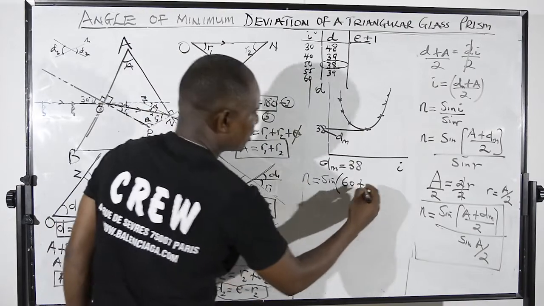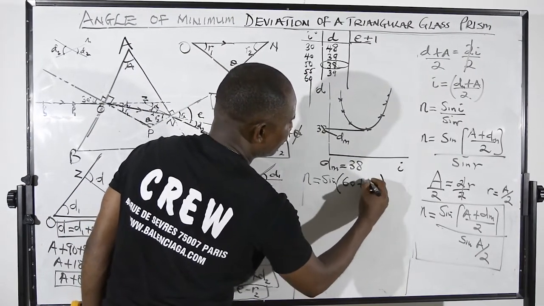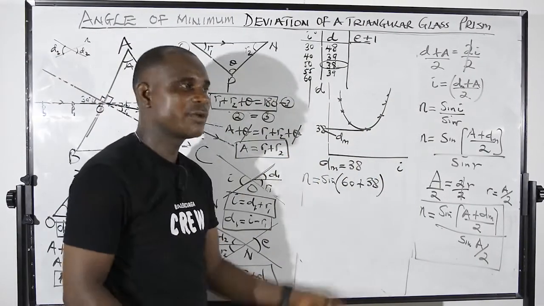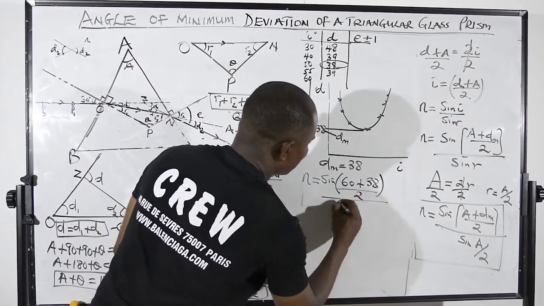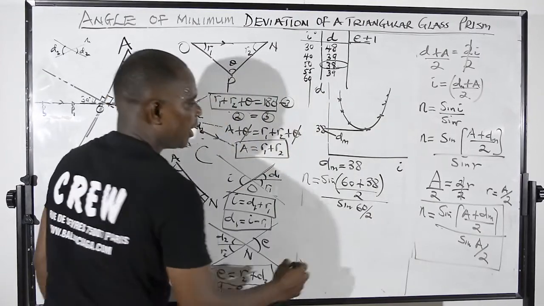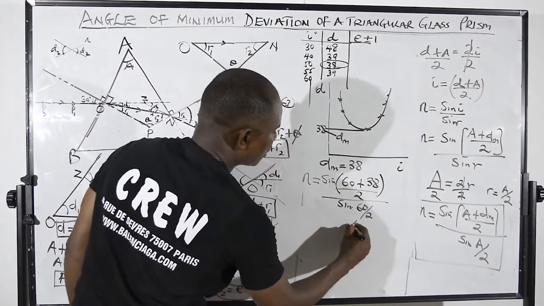So somehow we have, this is dm, then that dm is now 38 from my experiment. Yeah, you could have a different number. It's possible that you have a different number, but I got that as 38, so divided by sine of 60 divided by 2. So you can have, this is 98, this is 98 by 2, so this is 49.